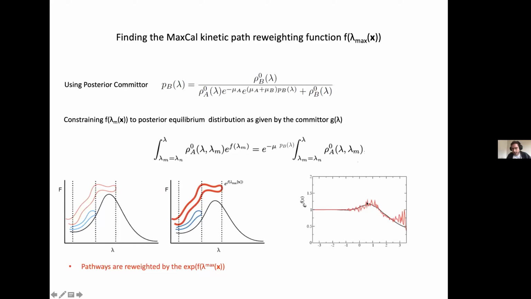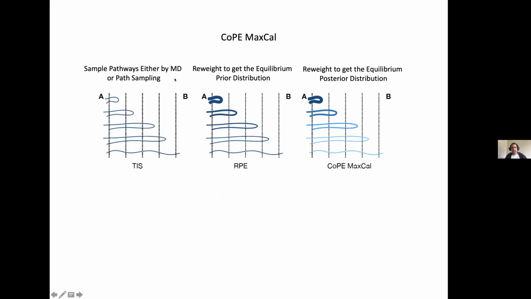If it maximally reaches this point, it gets a weight of 1.2, and so on. For instance, consider this red pathway. Since your pathway reached maximally this value of L, you go to your f function at this value, and this is the new weight that this pathway should take. So this is how the path reweighting works.